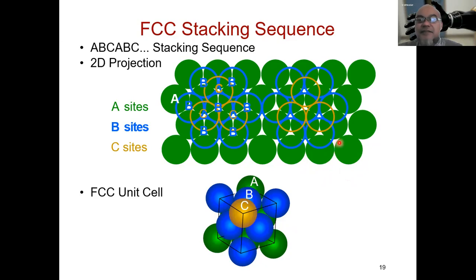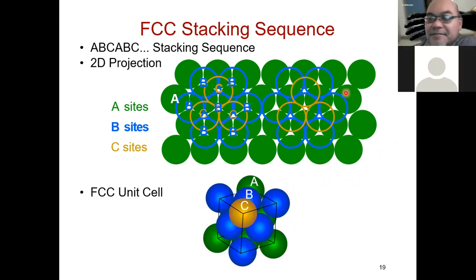So if I ask you now, indicate using Miller indexes, what is the plane that is formed by the B atoms in this FCC unit cell? Indicate using Miller indexes. Can anyone answer? Ezra?